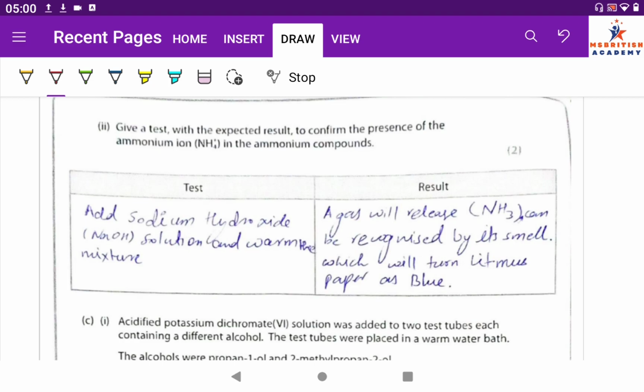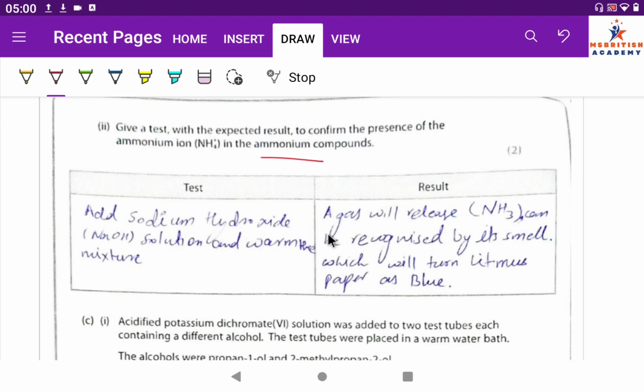B. Second part. Give a test with the expected result to confirm the presence of ammonium ion in the ammonium compound. So the test for confirming ammonium present in a compound is add sodium hydroxide NaOH solution and warm the mixture.